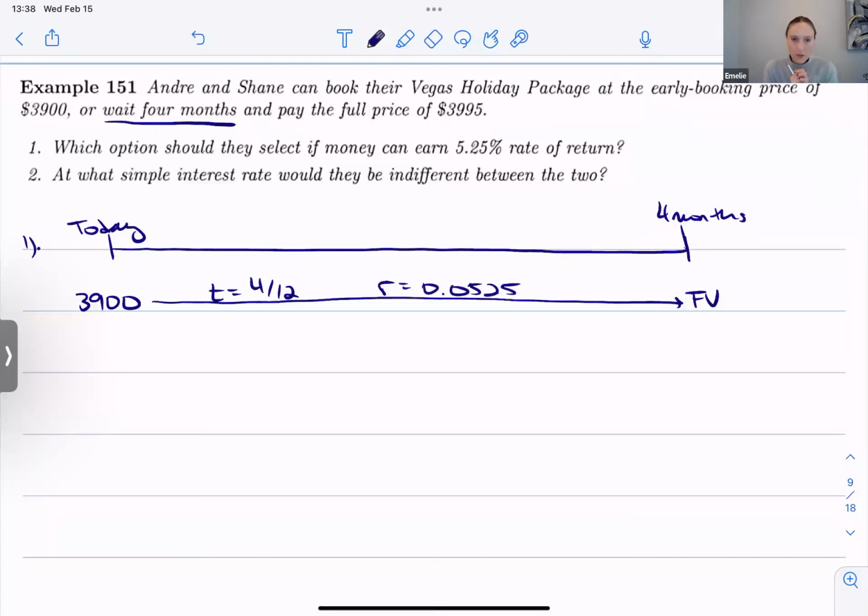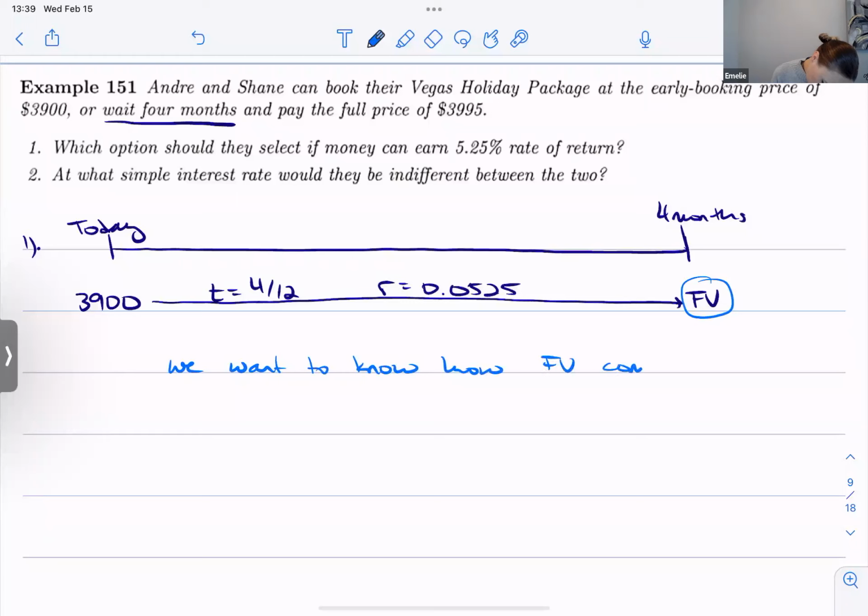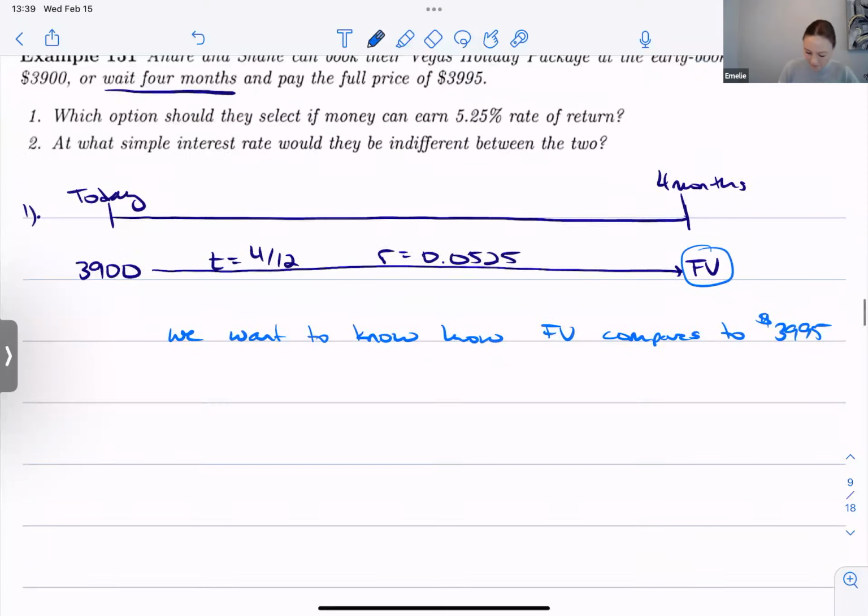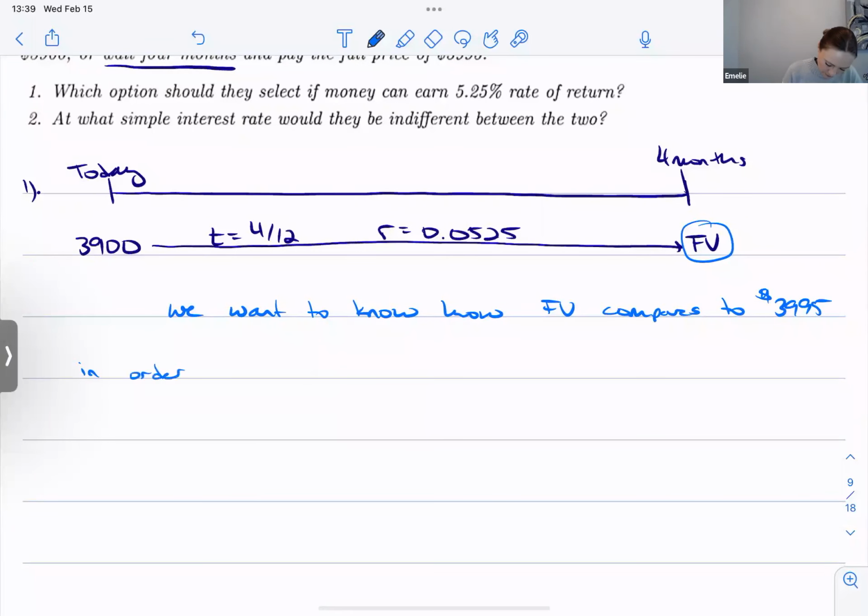What we want to know is whether this future value is more or less than $3,995. We want to know how this future value compares to 3,995 in order to make our decision.